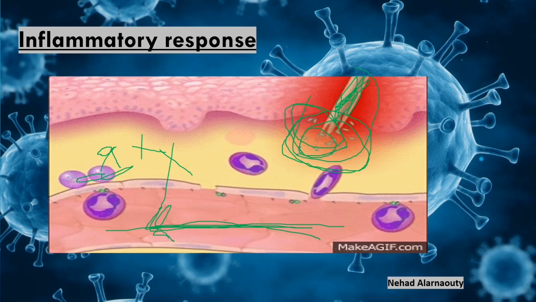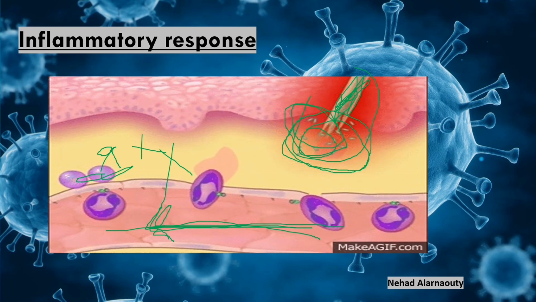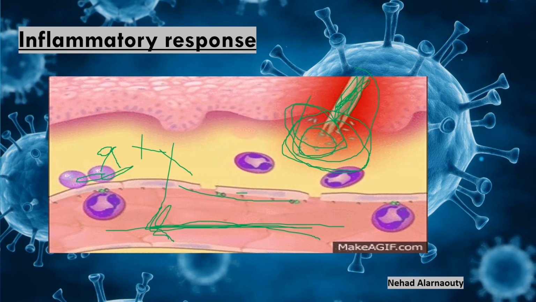So the high flow of blood will cause vasodilation of those blood vessels. What's the meaning of vasodilation?